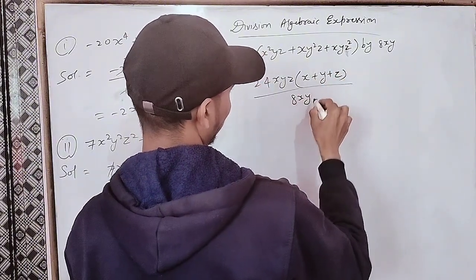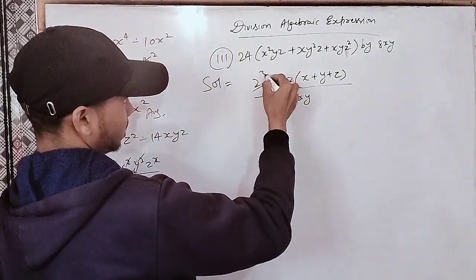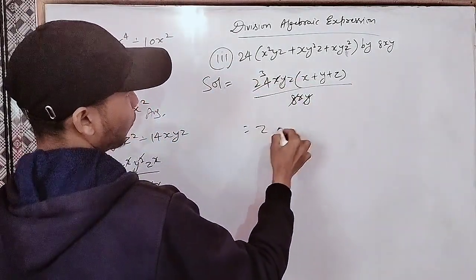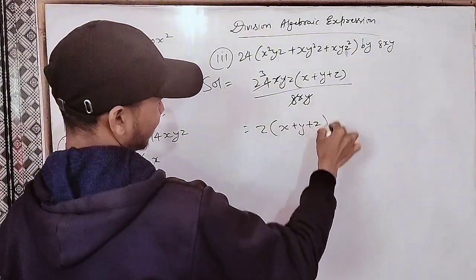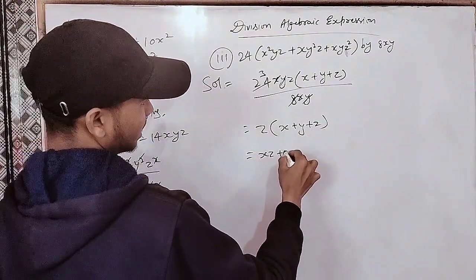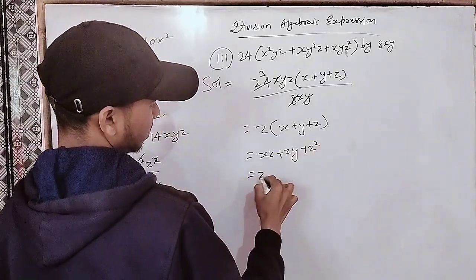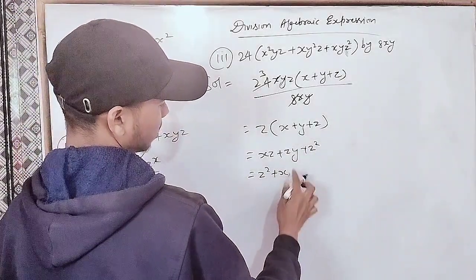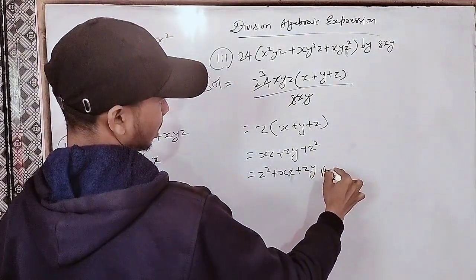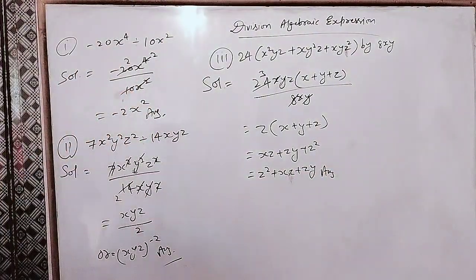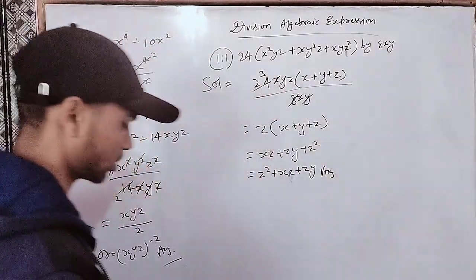We have 8xy, not z. So 8 threes are 24, then xy, whatever we have is the answer. You can write like that. This is the answer. Clear? Just have a look, how did it come? Next.